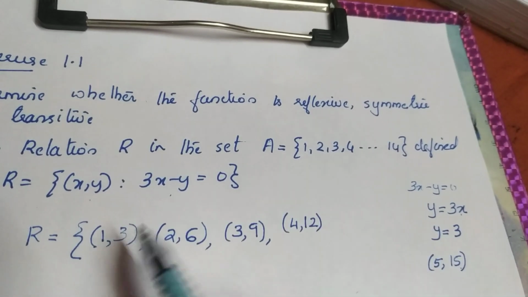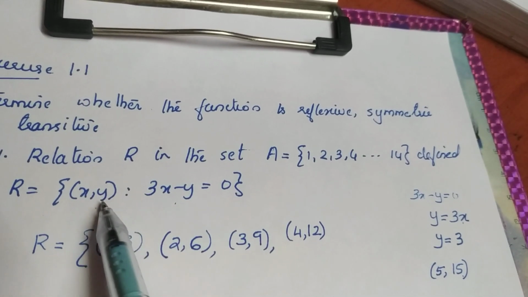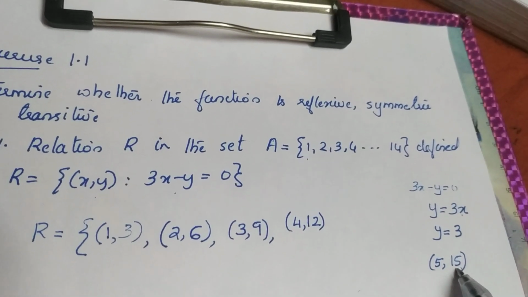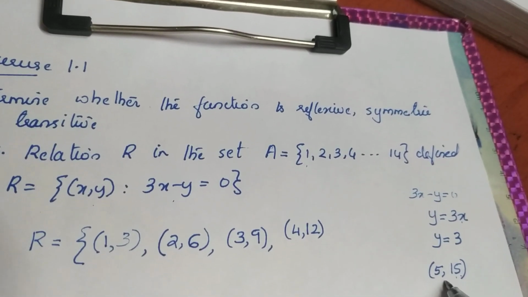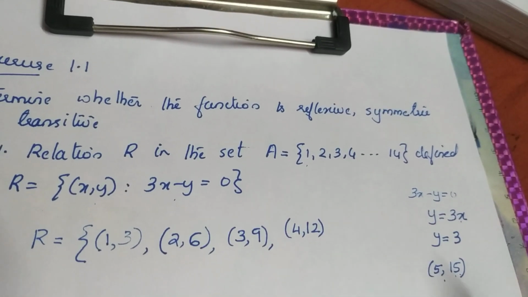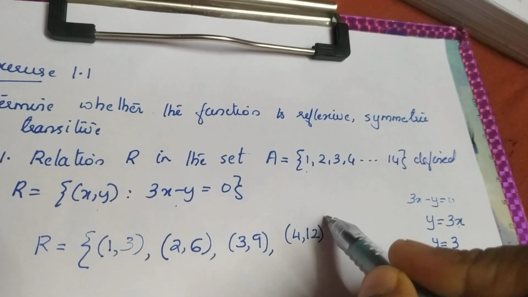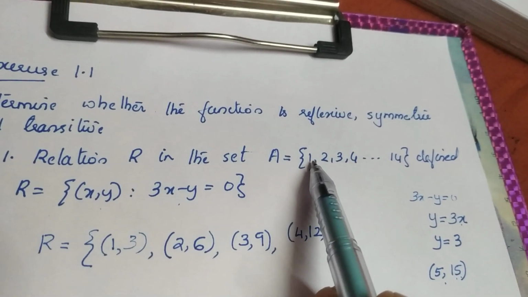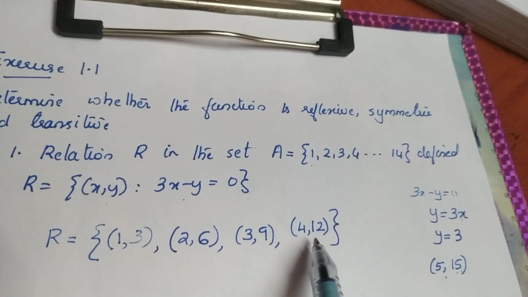But check, it is given that x and y are elements of A. So y also must be an element of A. Here we are getting y as 15, but 15 is not an element of A, so we can't consider that element. When we put the value of x as 6, y will be 18. It continues like that, (6, 18), (7, 21), like that. So we have to avoid all these because both the elements of the ordered pair must be in the set. So we have the elements (1, 3), (2, 6), (3, 9) and (4, 12).